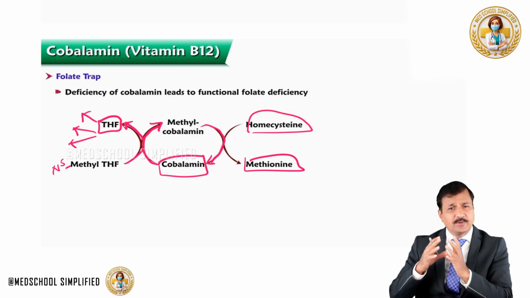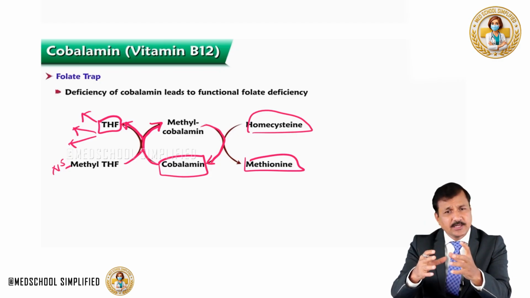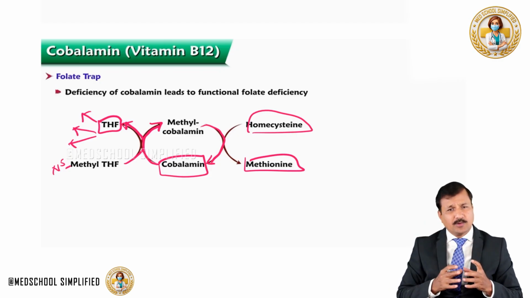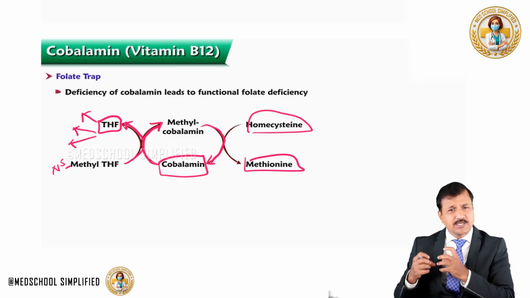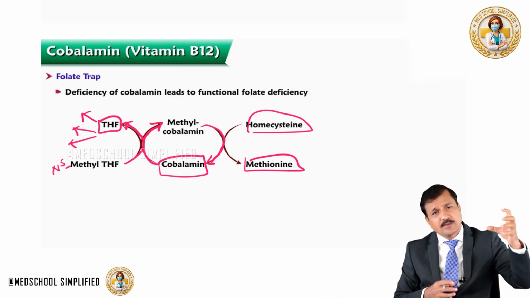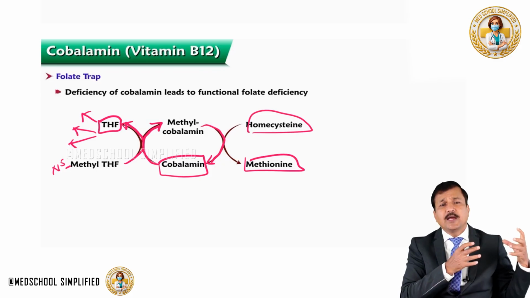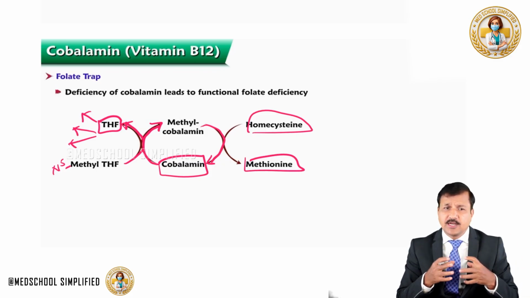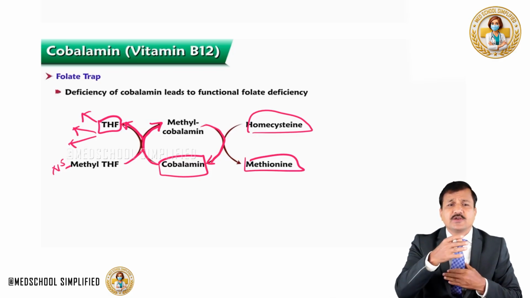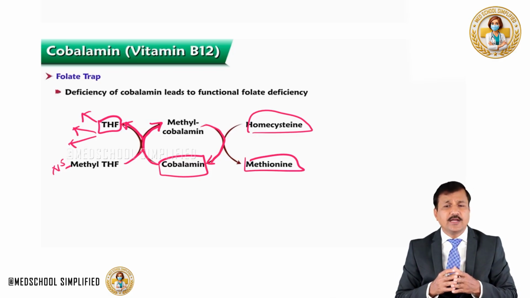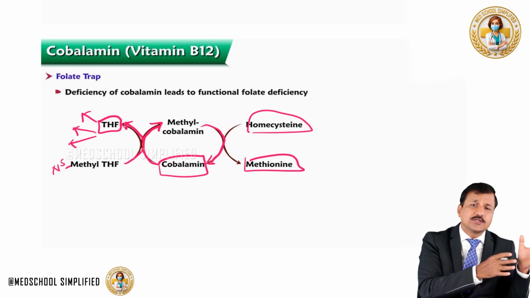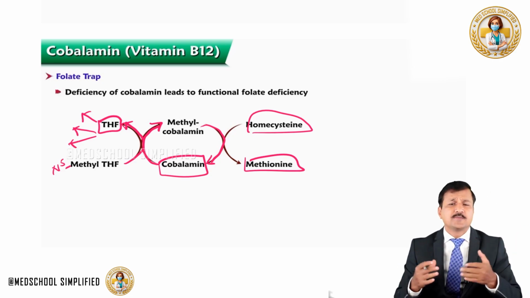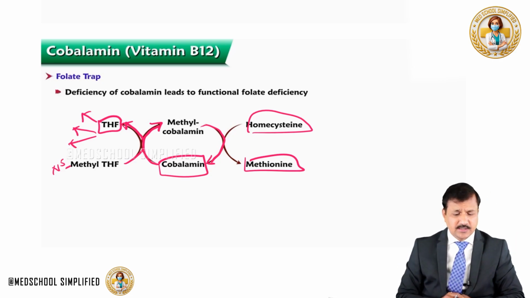So for homocysteine to methionine, the cell uses methylcobalamin, converting it into cobalamin because only the methyl group is taken. The cobalamin is converted back into methylcobalamin by taking a methyl group from N5-methyl tetrahydrofolate, which is eventually converted into tetrahydrofolate, and that goes into different forms of tetrahydrofolate molecules.